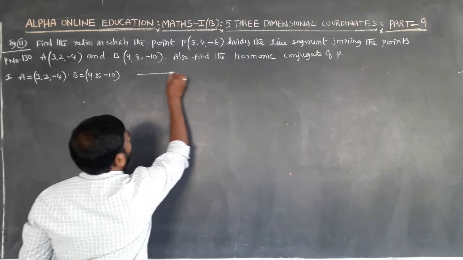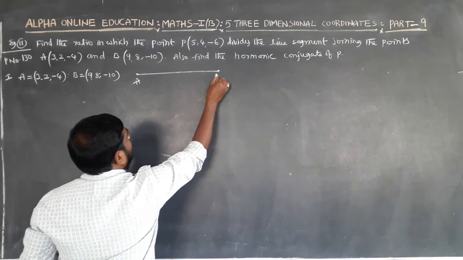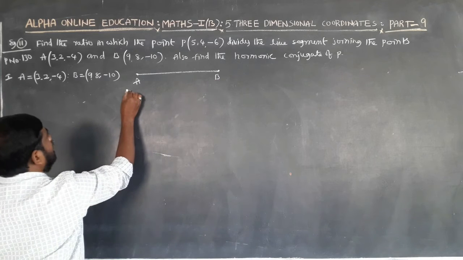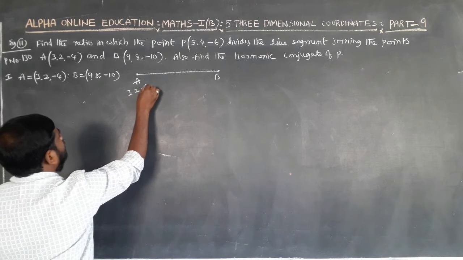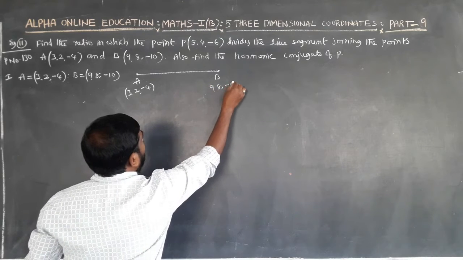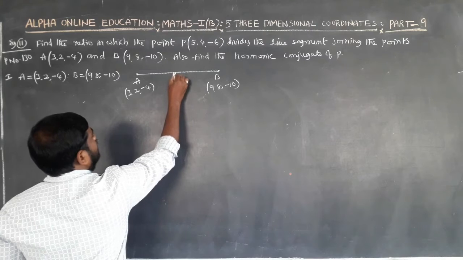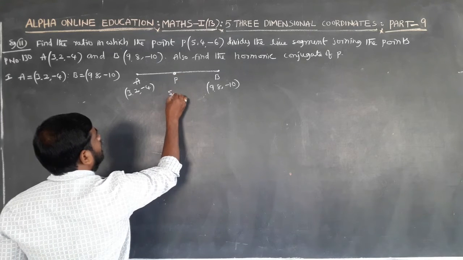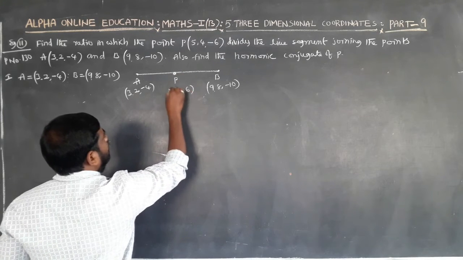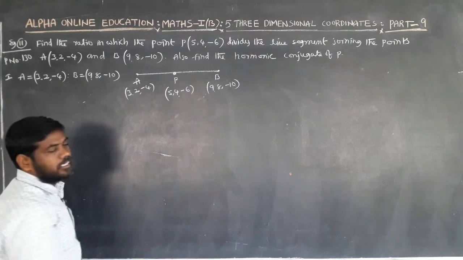This is the line joining the points A and B. A is (3, 2, -4), B is (9, 8, -10). Here the point P (5, 4, -6) divides the line segment AB.